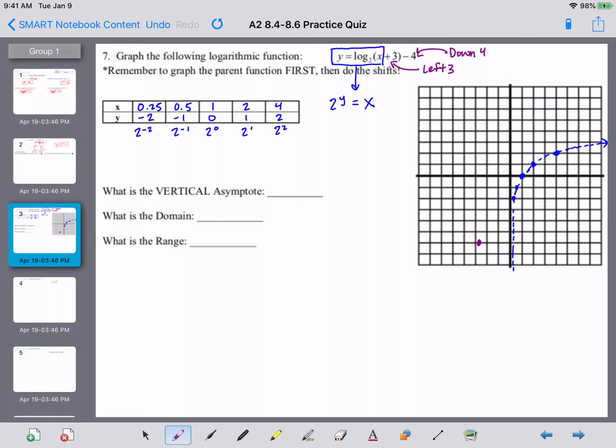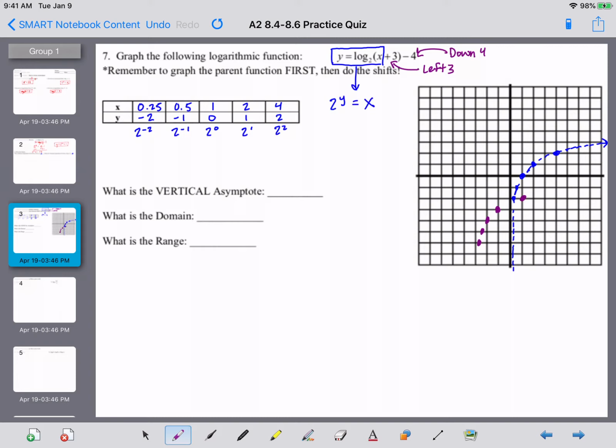Okay, so left 1, 2, 3, down 4. Left 1, 2, 3, down 1, 2, 3, 4. Left 3, down 4, and left 3, down 4.